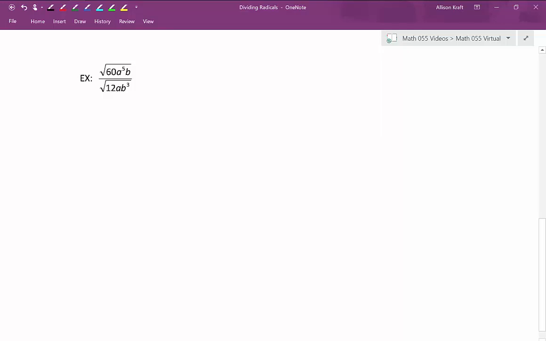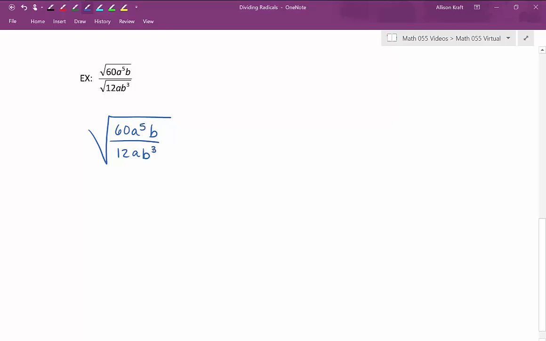Next, we want to divide the square root of 60a to the fifth b over the square root of 12ab to the third. Now, at quick glance, I don't see any perfects underneath of either square root. So that tells me maybe I should try to make it the square root of one fraction and simplify that fraction. So this is the square root of 60a to the fifth b over 12ab to the third.